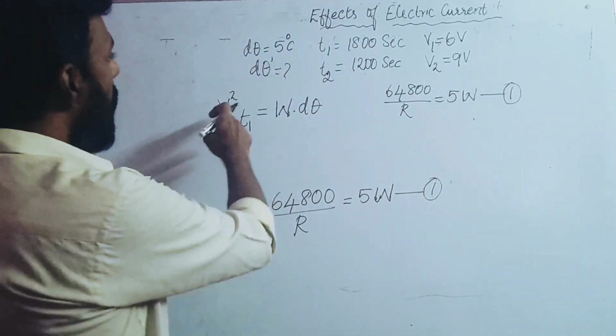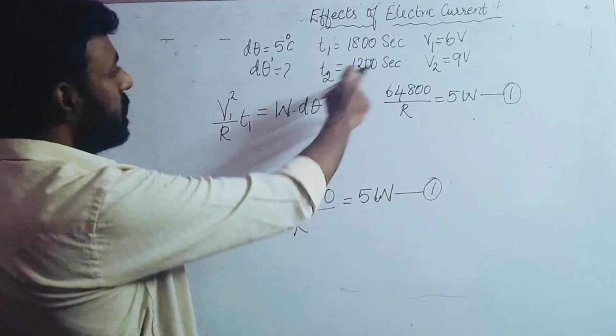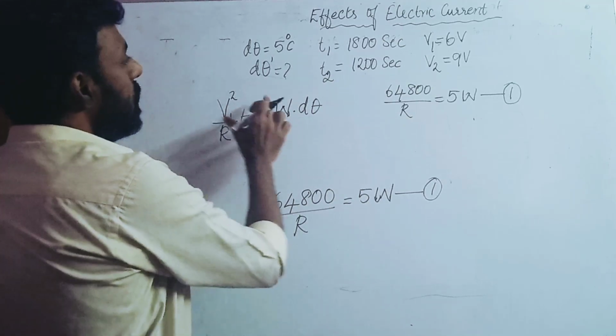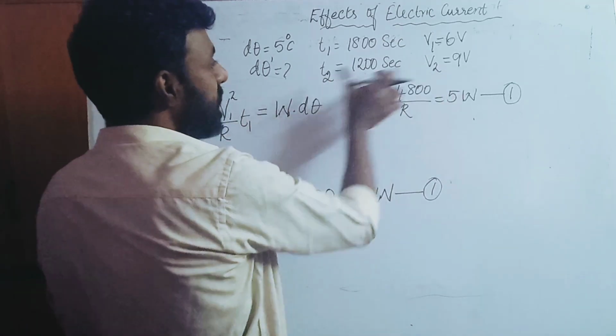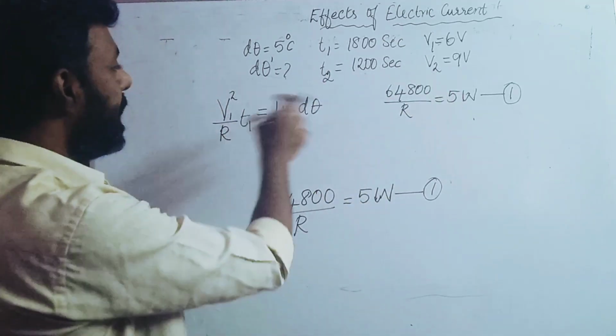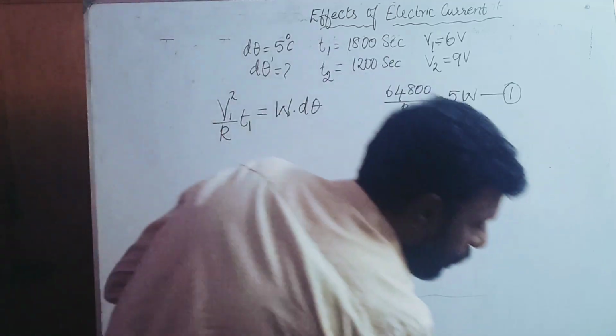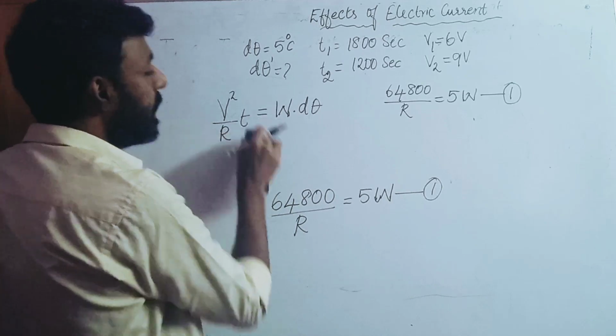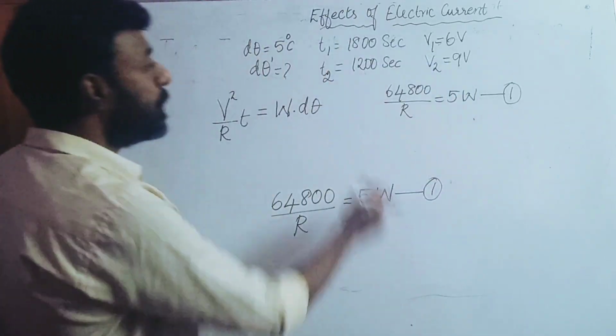Now I am going to find the equation for the second set of values. Instead of V1, I'm going to substitute V2, and instead of T1, I'm going to substitute T2.